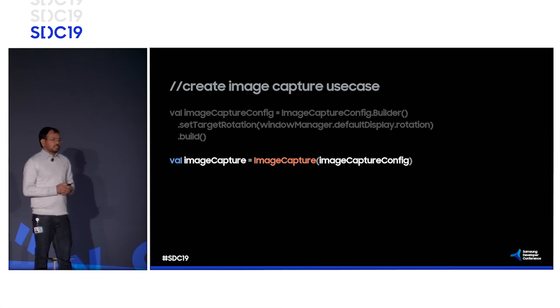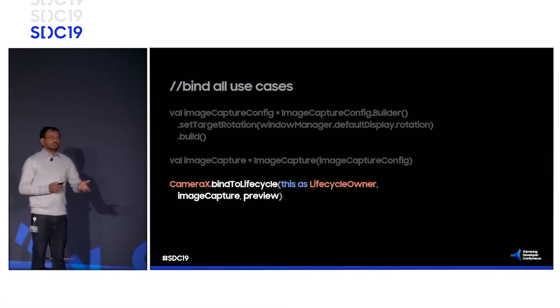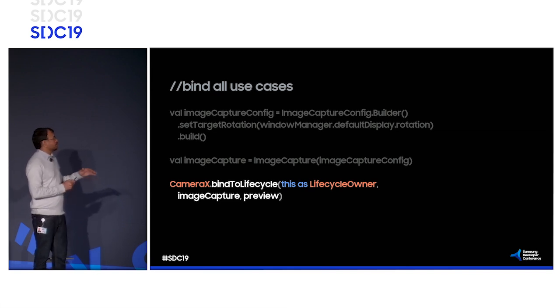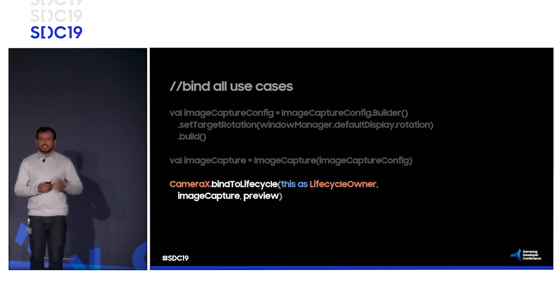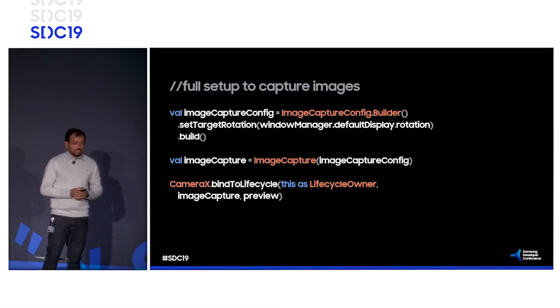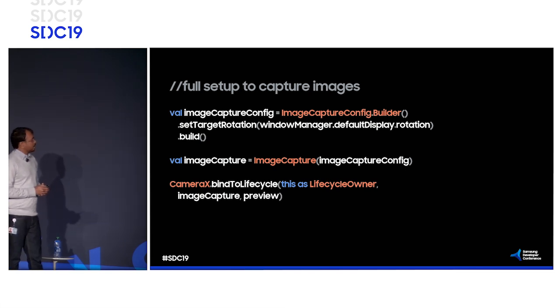And once the config is set up, you create the image capture use case. And as we have seen previously, you need to bind it to the lifecycle. Here I'm showing that I'm binding both image capture and the preview. So that was the full setup for image capture.